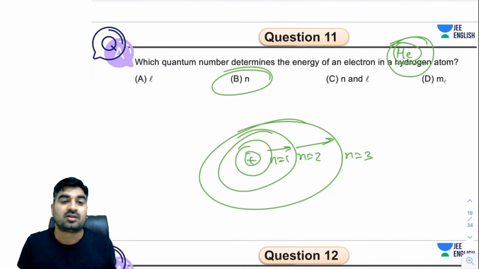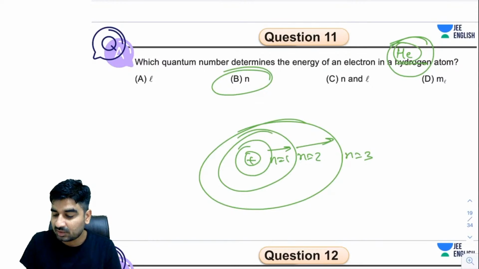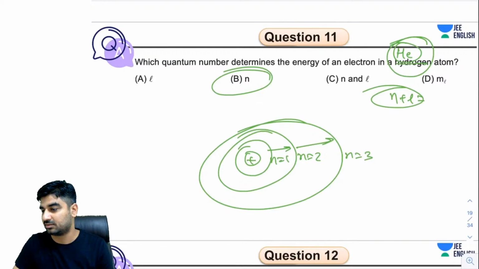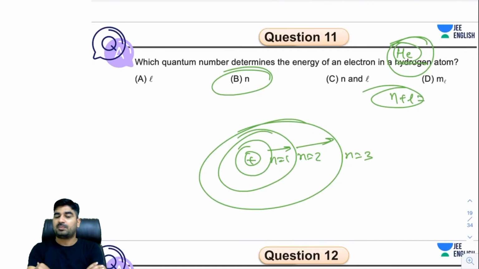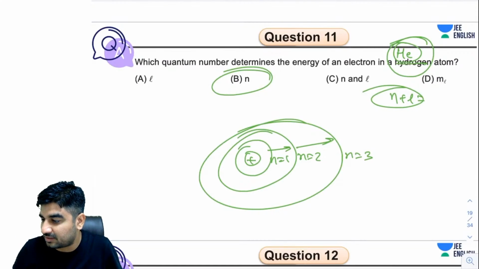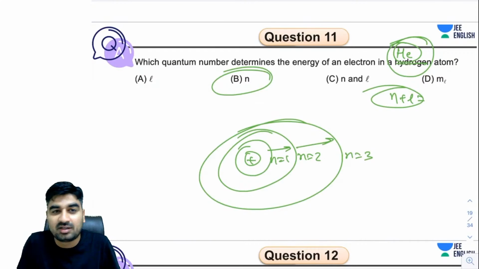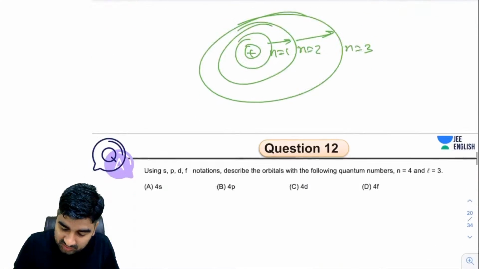I told you that for hydrogen and hydrogen-like species, energy can be determined with the value of n only. But for helium and other atoms, you calculate n plus L to find out energy. Right. It means you people are following my lectures. Yes. Very good. Excellent. So guys, the next question is on your screen.